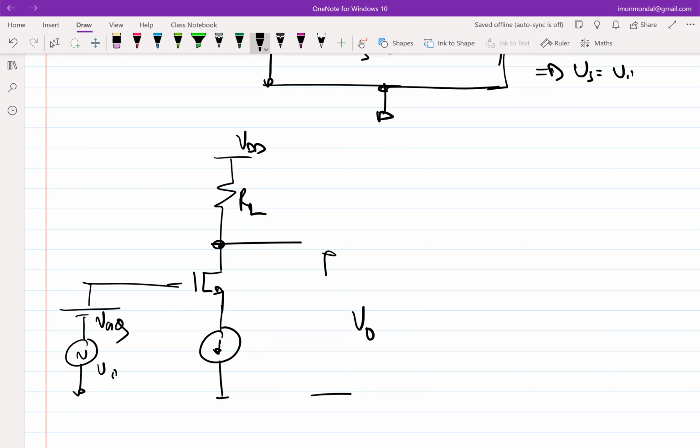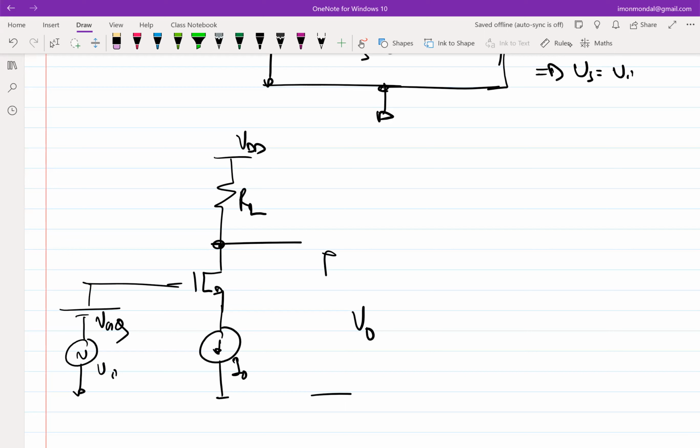So in this case, if a configuration like this appears, what will be V0 over Vi? Can you calculate V0 over Vi and tell me? Since delta I equals 0, you will not have any incremental gain, right? So V0 over Vi will be 0. And this definitely is not a common source amplifier.